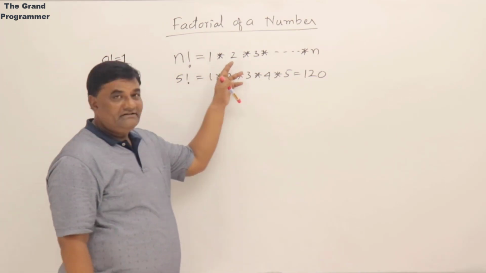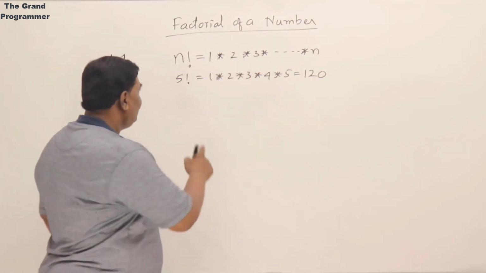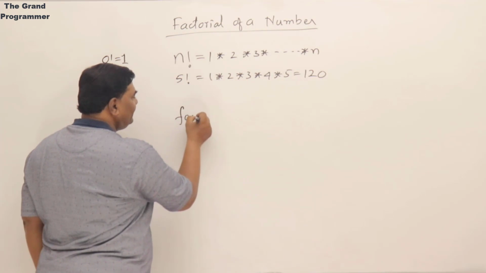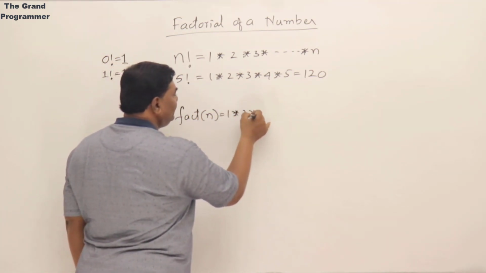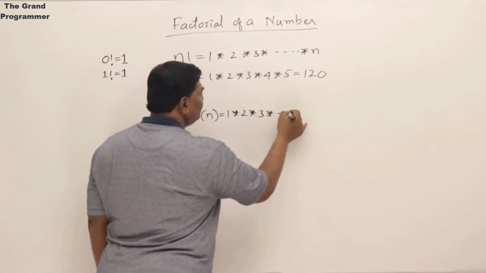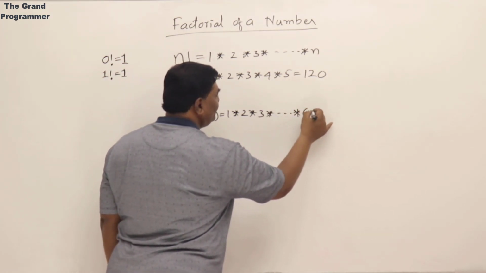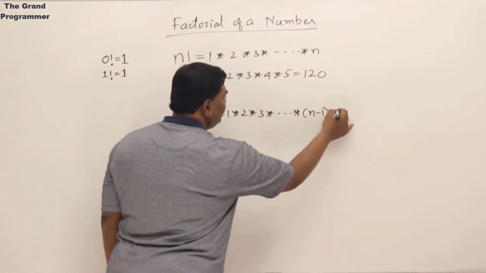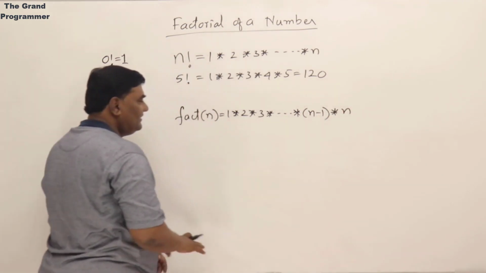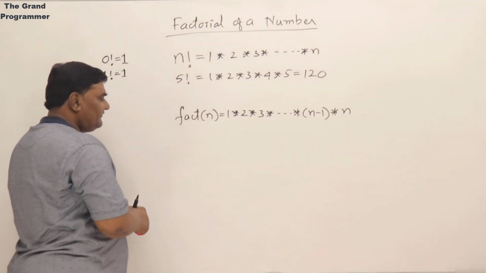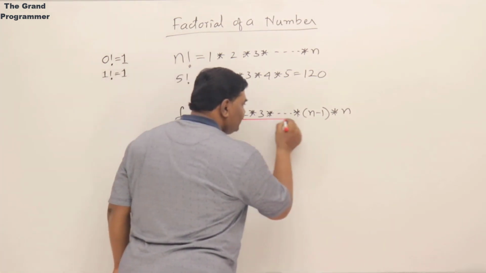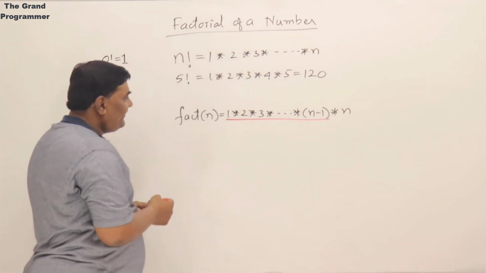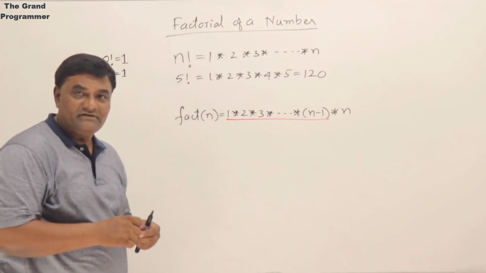Now let us define this recursively. If I say fact of a number n is 1 into 2 into 3 and so on up to one more term I will include, that is one more number, n minus 1 into n. So in this, if I observe factorial of a number from 1 to n, this portion is factorial of n minus 1.